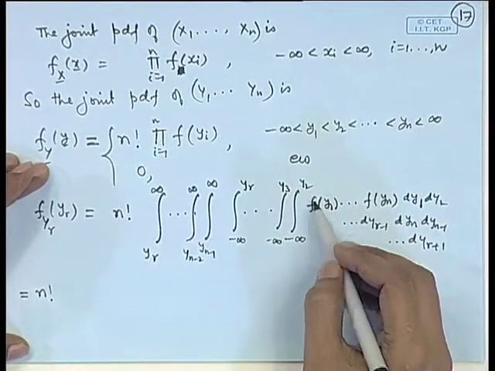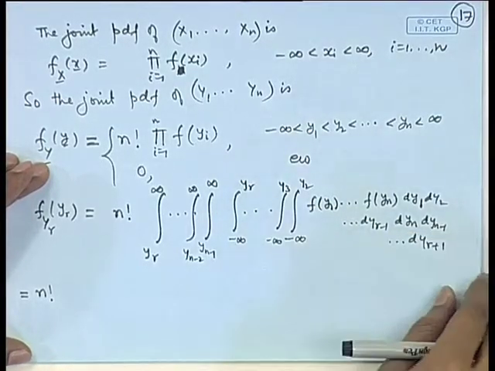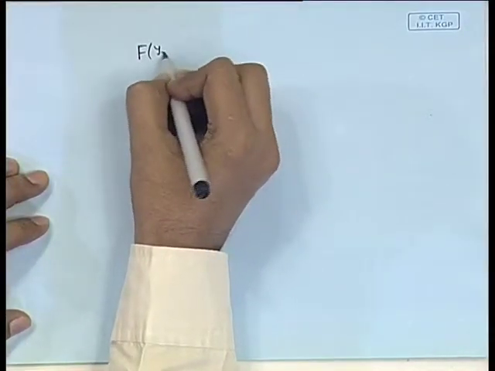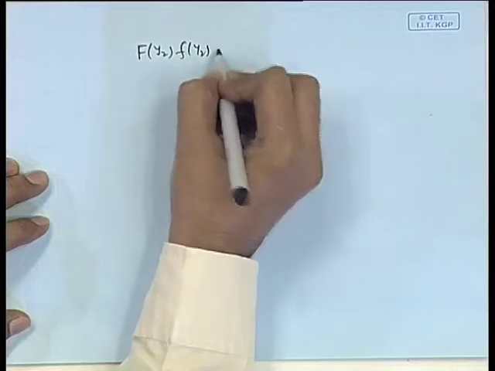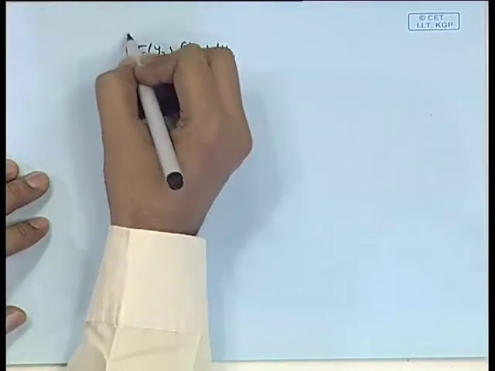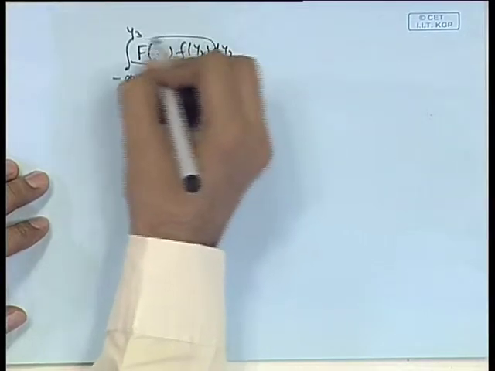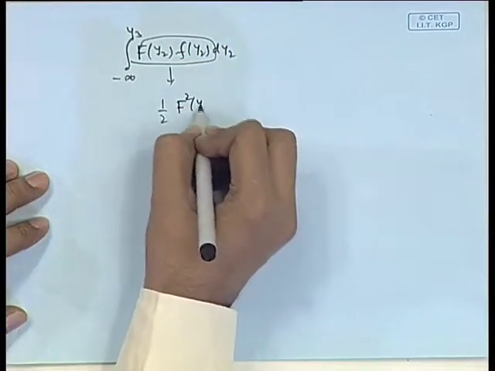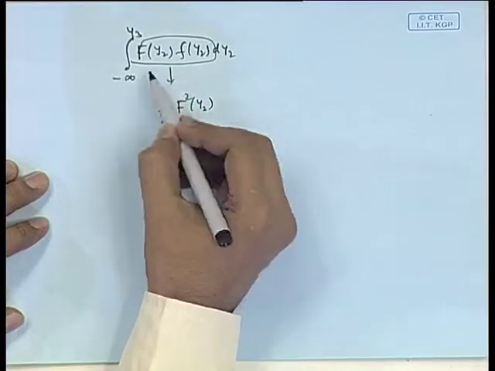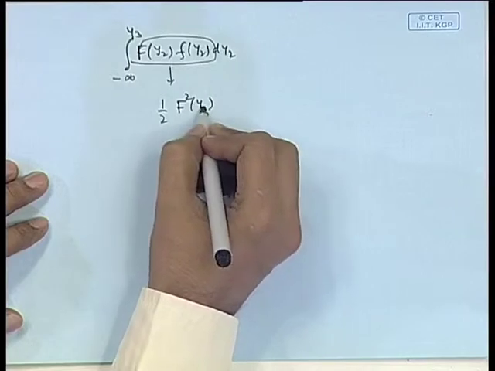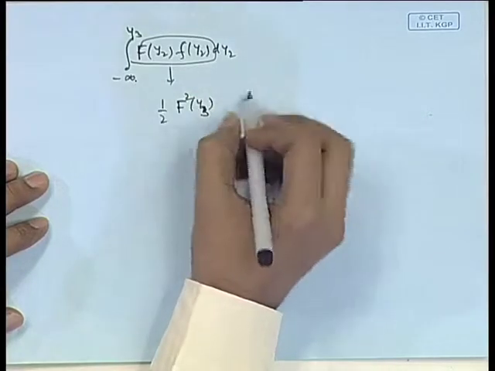So, this gives us capital F of y_2 into small f of y_2 in the next step. This will be integrated from minus infinity to y_3. Now, notice here that if we integrate this, we will get half F squared of y_2, and again if we substitute the limits, I will get half F squared of y_3, and at minus infinity this will be 0.